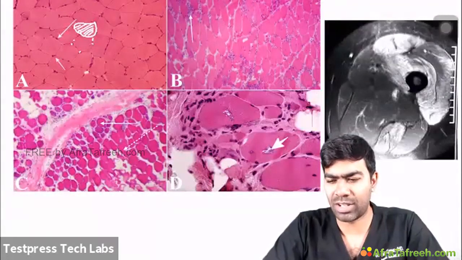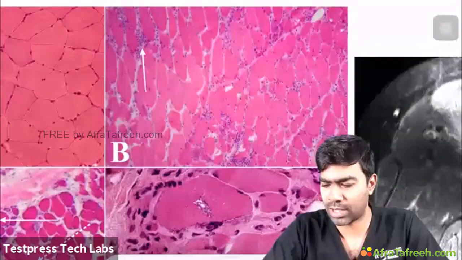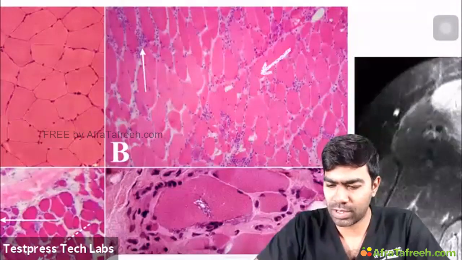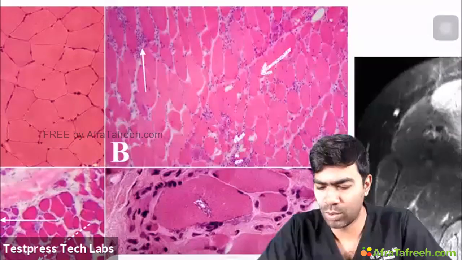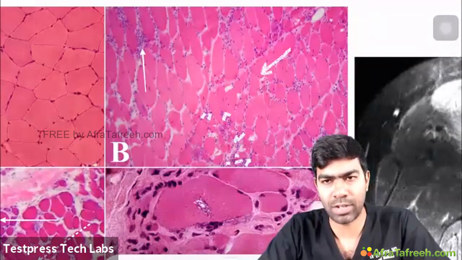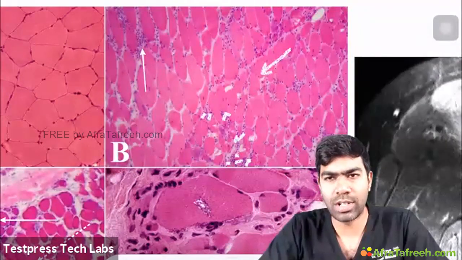Whenever you look at this muscle, it is not looking good really. If you look at this kind of muscle, it's not good at all. Why is it not good? Because you are seeing a lot of blue here. Whenever you see this kind of blue in different areas, blue always indicates inflammation. Blue is never good; blue is always bad in pathology. So a lot of blue here indicates inflammation.